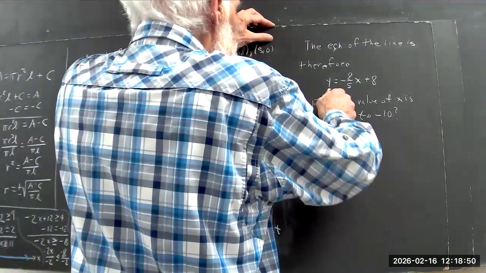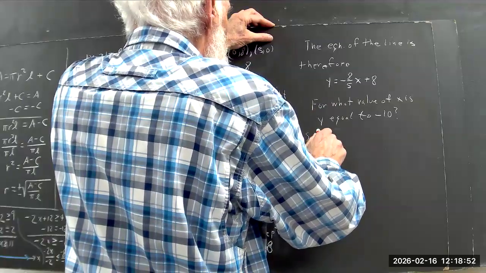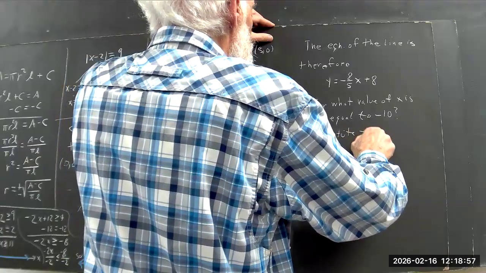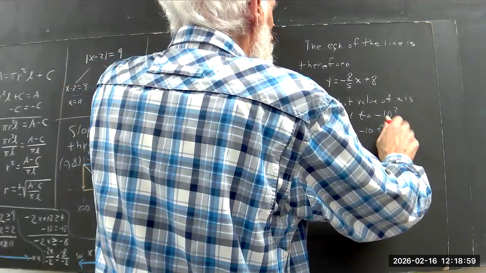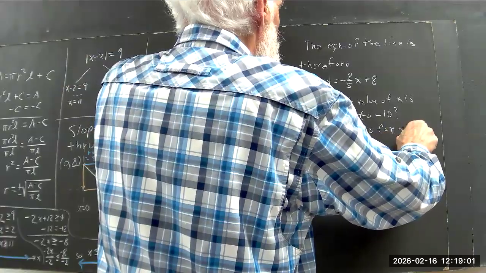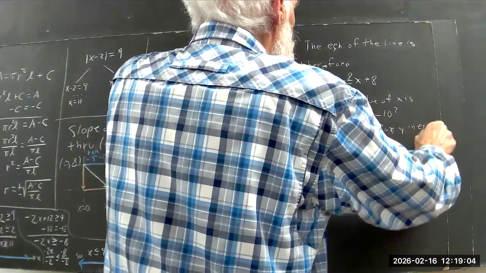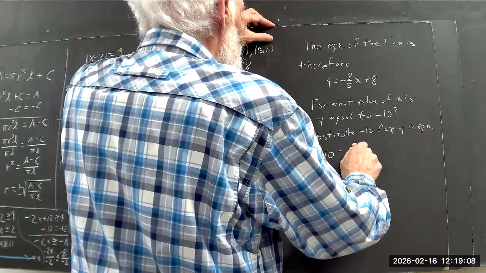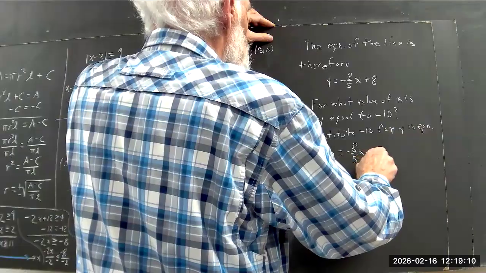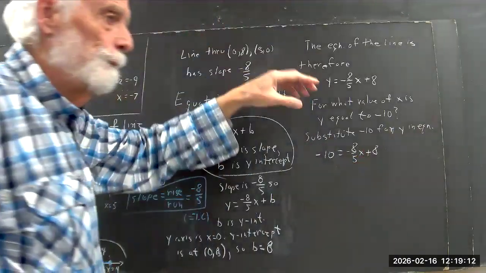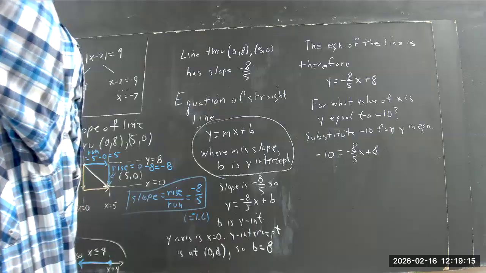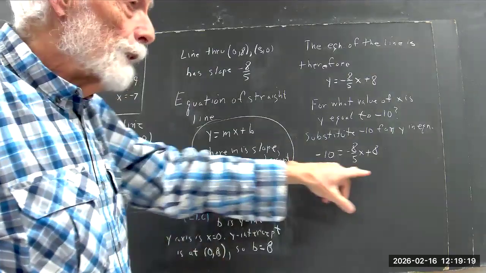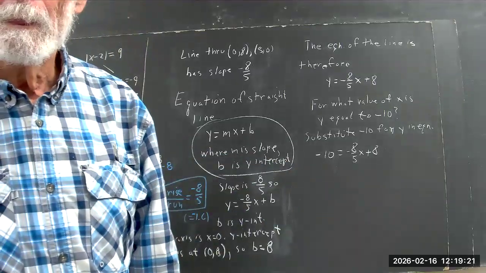But we substitute negative 10 for y in the equation, and we get negative 10 equals negative 8/5 x plus 8. Okay? That's an equation we can solve for x.